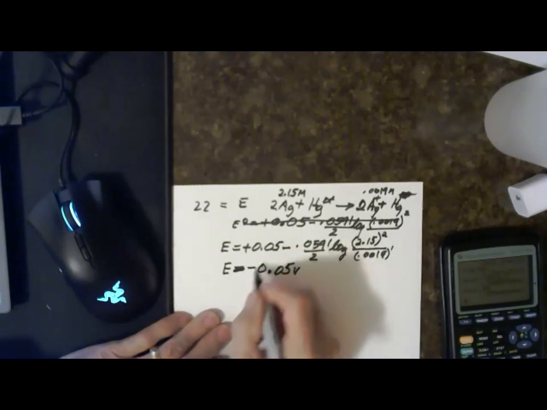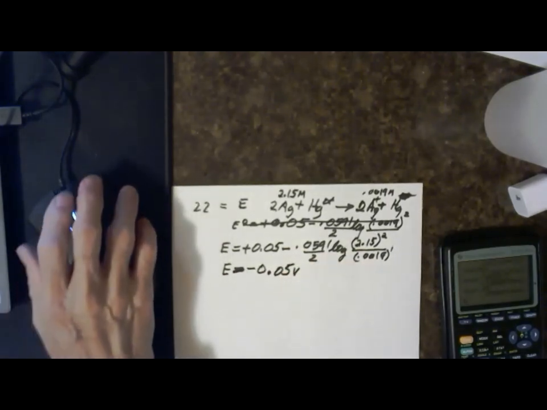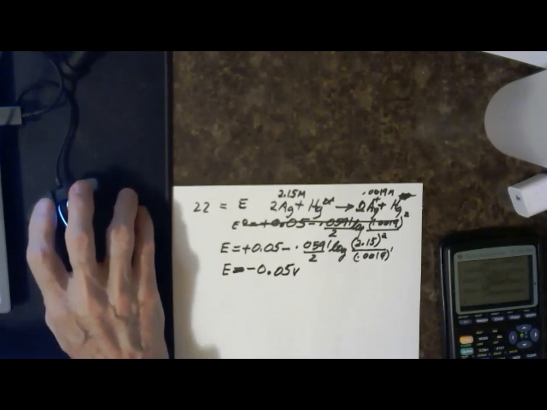Well, how cute is that? We went from plus 0.05 to minus 0.05. So let's go back. Looks like a kind of cute little problem I would dream up. All right.